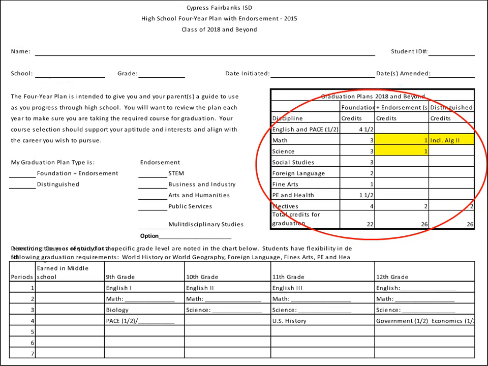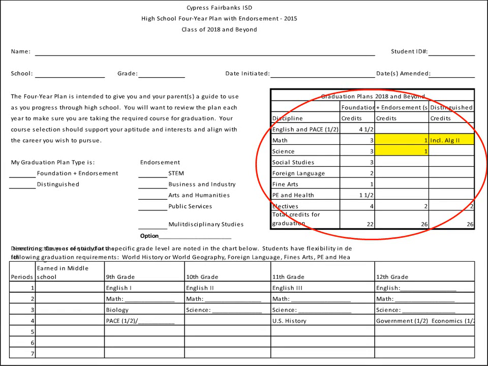Now, take a look at the box that's to the right-hand side on your four-year plan worksheet. This is where it gives you the table of what the graduation requirements are for the Foundation High School program. Remember that all students will be on the Foundation Plus Endorsement Plan or the Distinguished Plan at this time.